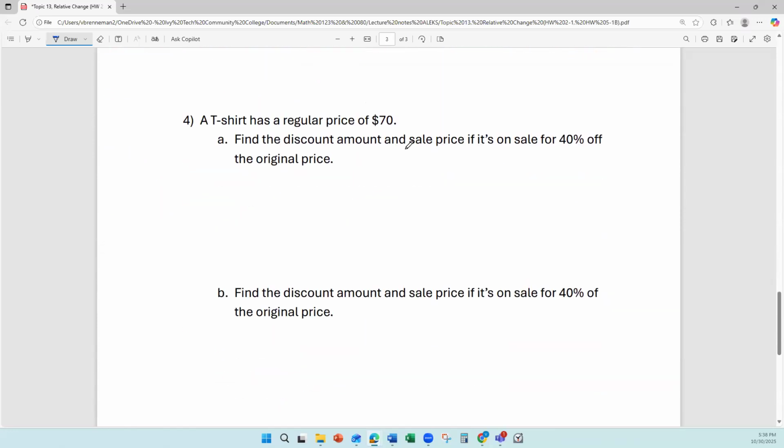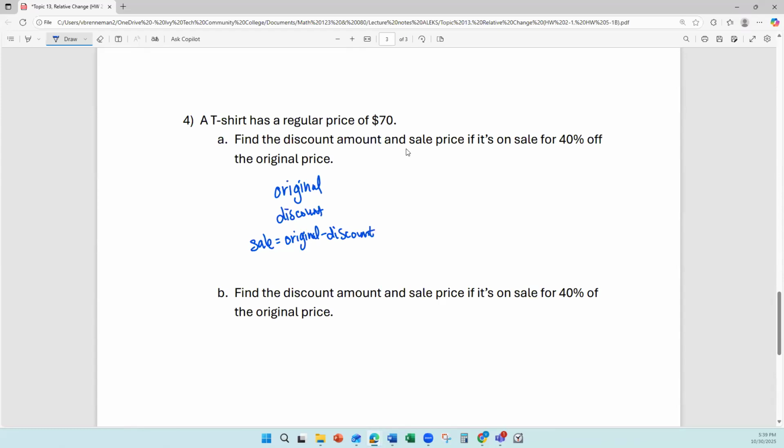Next example, we have a t-shirt with a regular price of $70. We want to find the discount amount and the sale price if it's on sale for 40% off. So again, I'm going to set up the original price, the discount, and the sale price, which is the original minus the discount. So let's see what information we have here. We have the regular price.